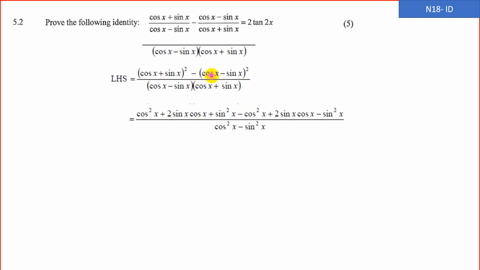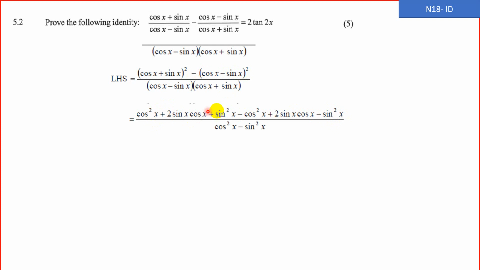And then we're going to do the same thing. We're going to get cos squared x, but because of the negative in front, we're going to change the signs. So the middle term will be plus 2 sin x cos x. And then if we square the last term, we get sin squared x, but because of the negative, we get minus sin squared x.